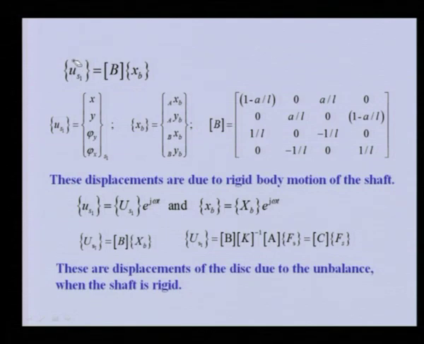This particular displacement of the disc is due to the rigid shaft. Now, we will subsequently consider the flexibility of the shaft also, but before that let us write this displacement in the frequency domain, in this particular form, in which these displacements have harmonic motion, same as the spin speed.